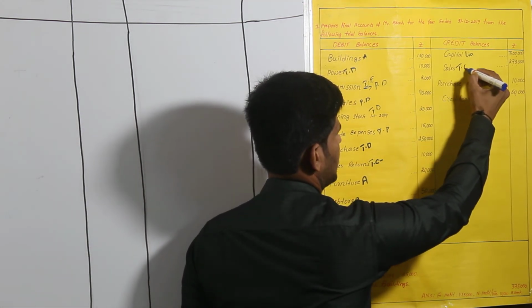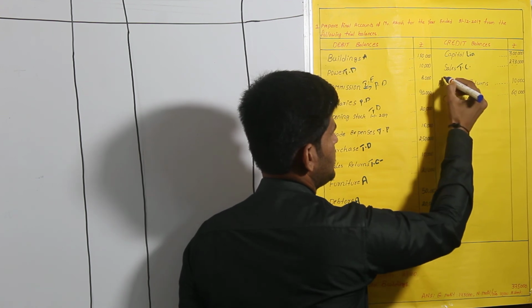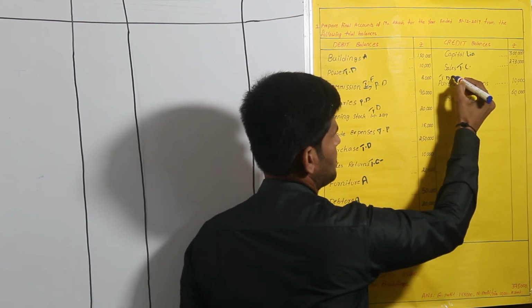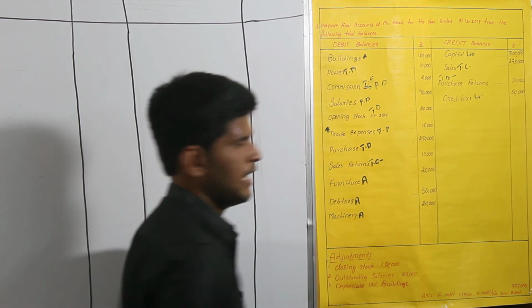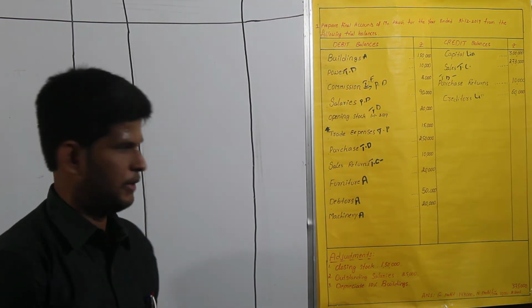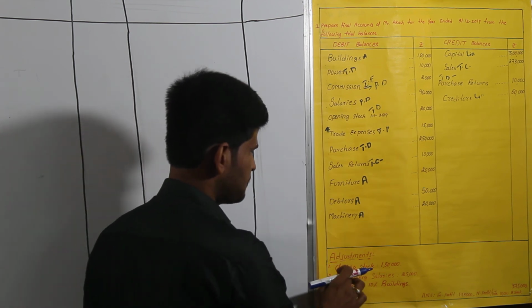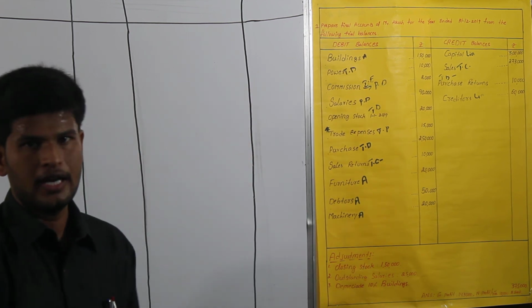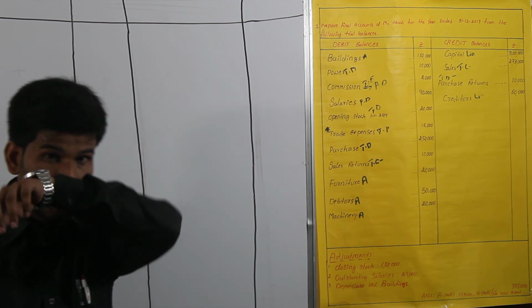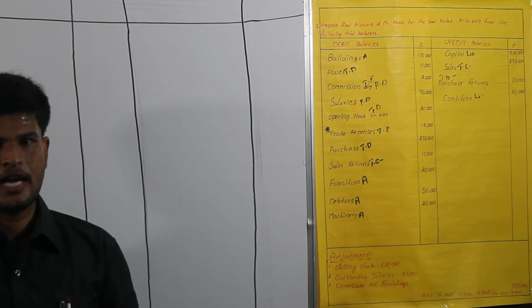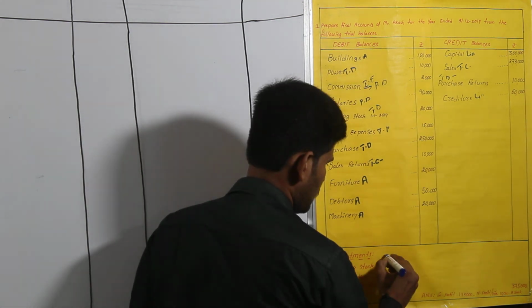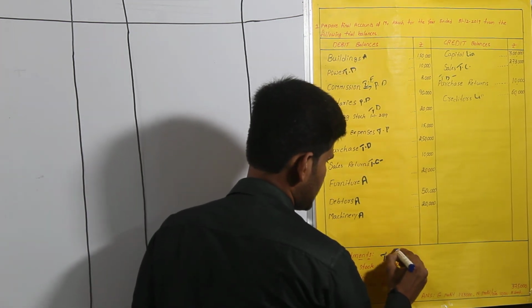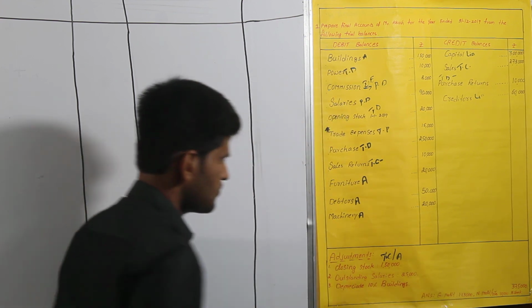Sales, trading account credit side. Purchase returns, trading account debit side, minus. Creditors, liability. L-I-A-B means liability. And come to the adjustments. Closing stock 1,50,000. Once again I am repeating, every adjustment must satisfy two types of treatment. This closing stock goes to the trading account credit side as well as asset.